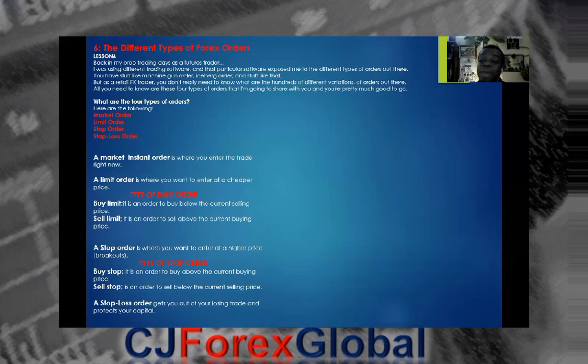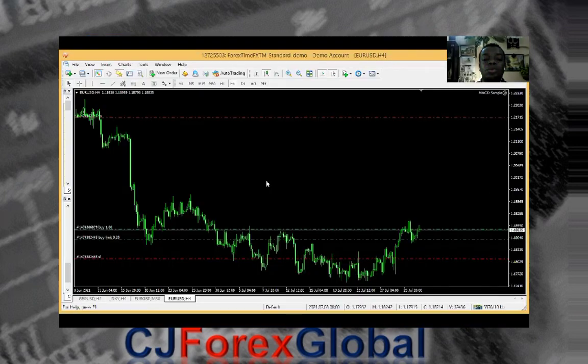It's not an instant order like the one I just described. No, it's a pending order. You are placing a pending order below the current selling price. Price is falling down and you choose to set a trade. You believe that once the market gets to that level, the order will trigger.